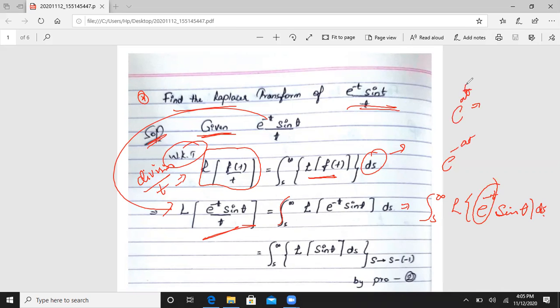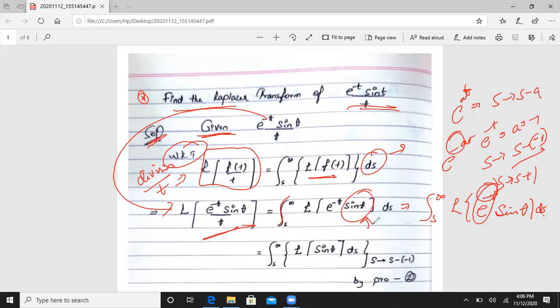This is property number 2, where s becomes s minus a. Here the value of a is minus 1, since e to the power minus t is there. So we write s becomes s minus of minus 1, that is s plus 1. It means wherever we get the answer for this function, we substitute s by s plus 1.